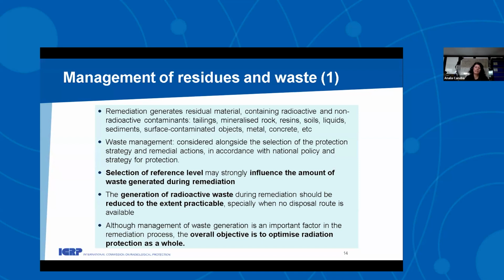Obviously, the selection of the reference level may be strongly influenced by what amount of waste would be generated during the remediation. And of course, if it is possible, those strategies that minimize the generation of waste should be used, taking into account that in some countries there is no disposal route available.